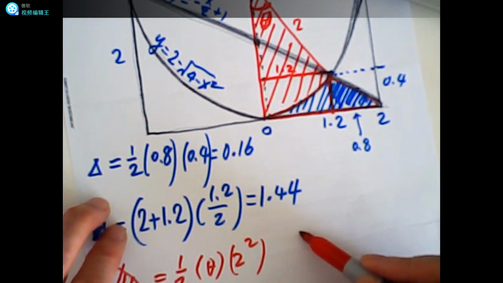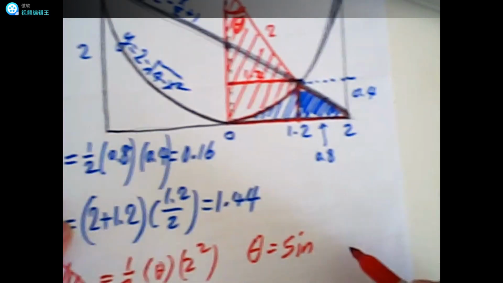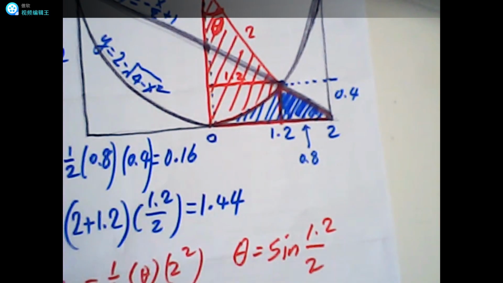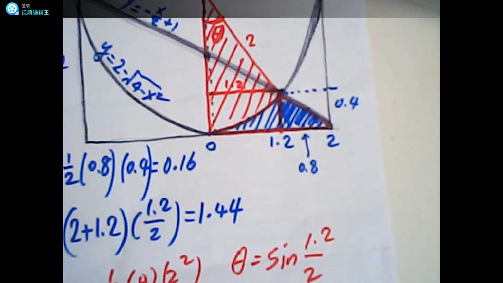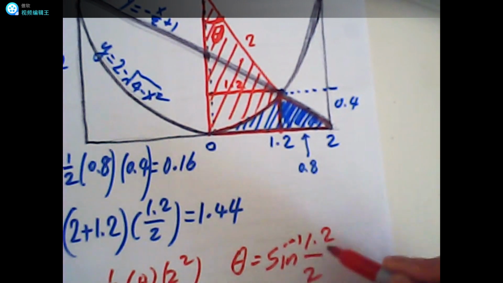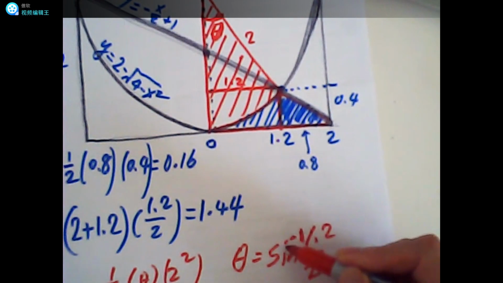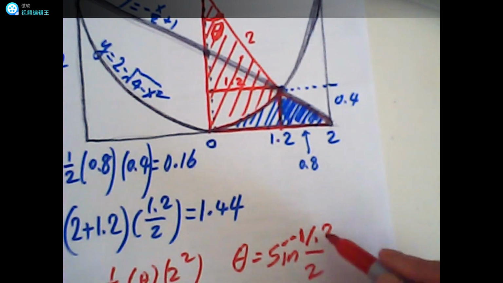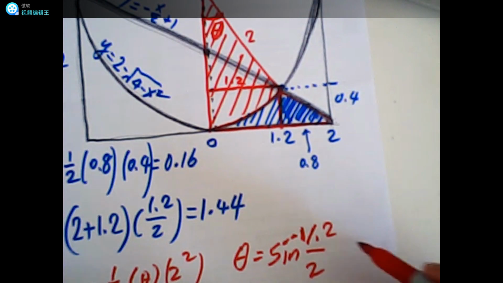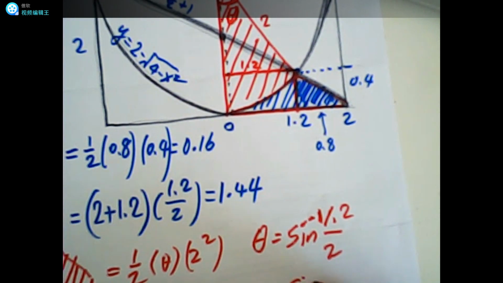The radius is 2. This is 1.2. So theta is arcsine 1.2 over 2. Okay. This is equal to arcsine 0.6.